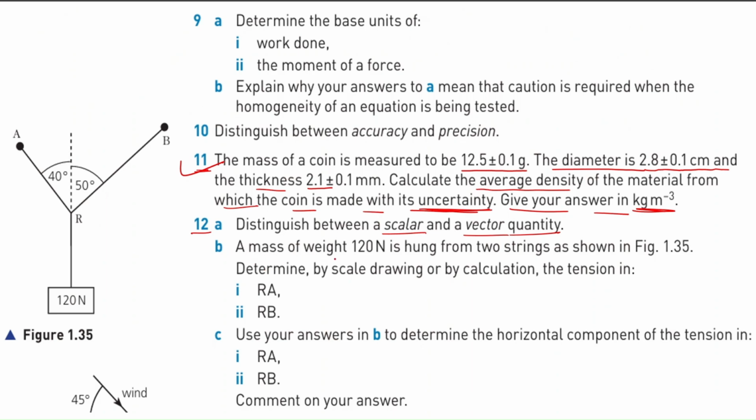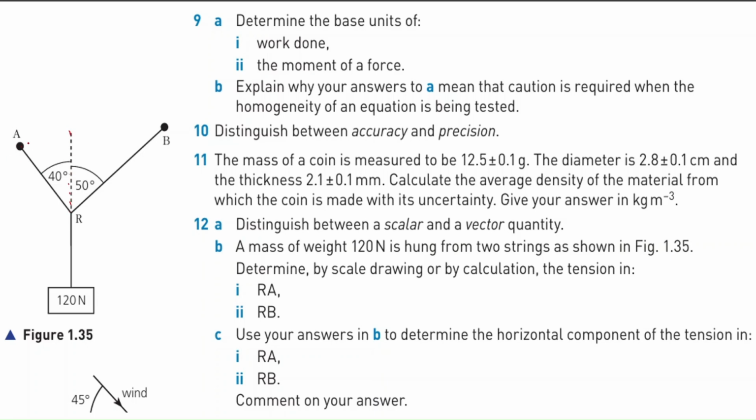Now we go on to question B. A mass of weight 120 Newton is hung from two strings as shown in figure 1.35. Now, see this figure and try to understand. There is a mass of 120 Newton. There's a string A and string B, and string A makes a 40-degree angle with this direction.